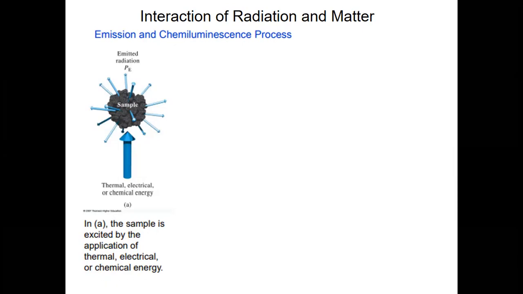If the input energy is thermal or electrical, we call it emission. But if it is chemical energy, that emitted light we call chemiluminescence, because the input is energy which comes as a result of a chemical reaction.